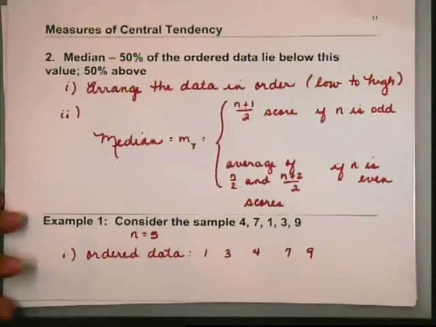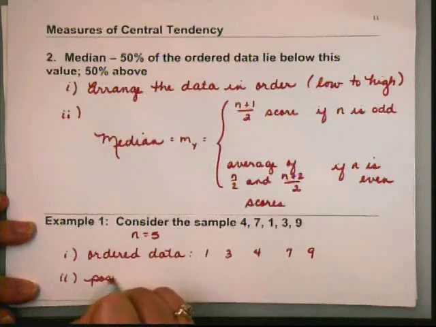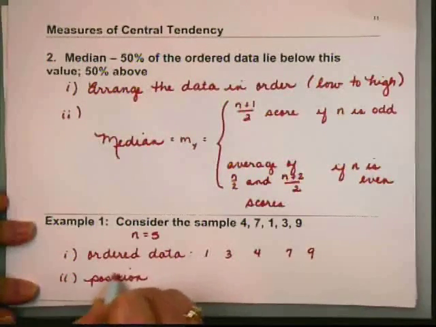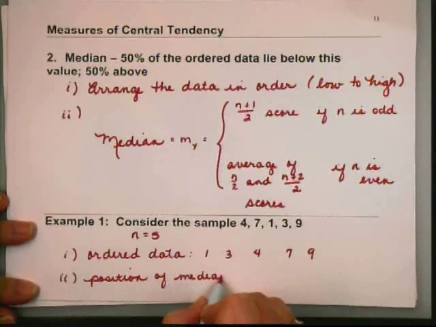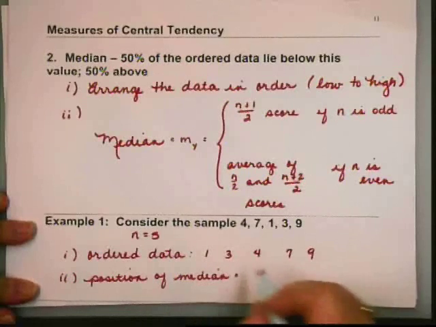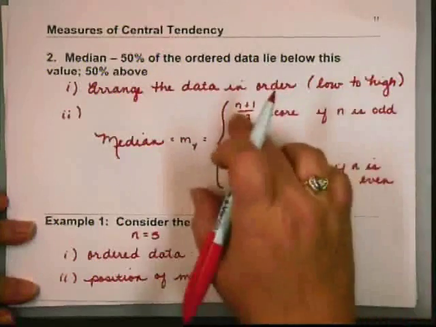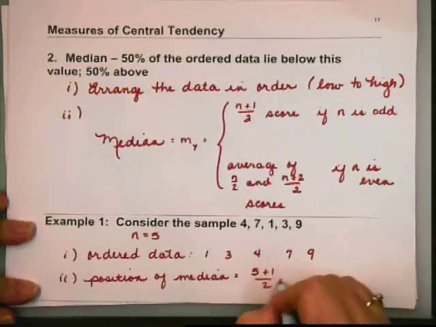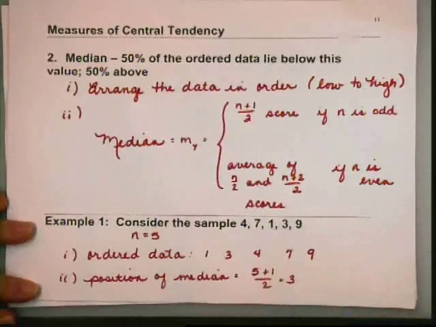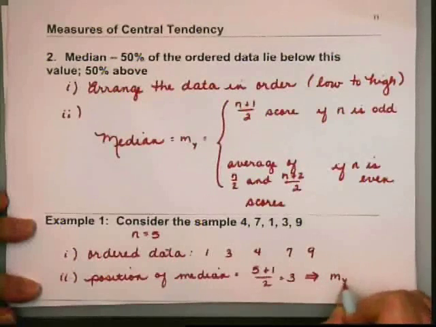The position of the median, since the sample size is odd, is the sample size plus 1 divided by 2. That means it's the third score. And so our median is the third score in the list, which is 4.